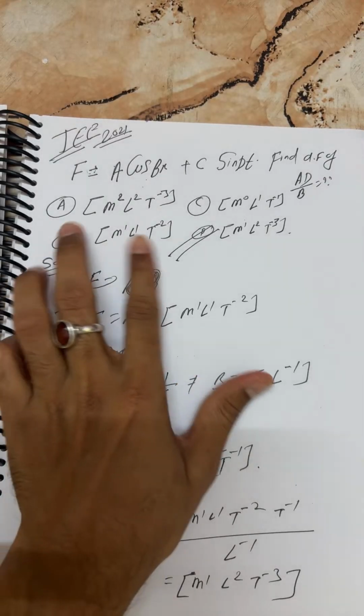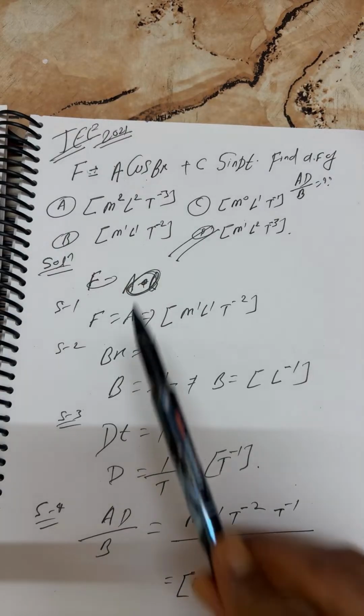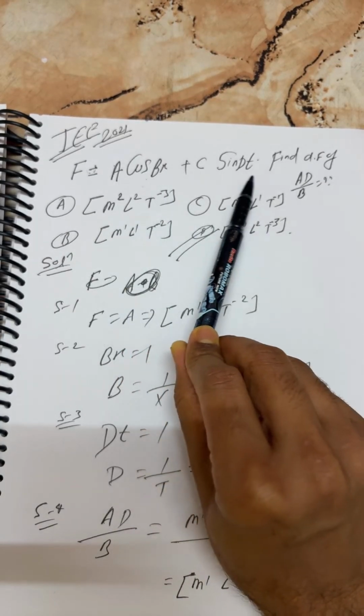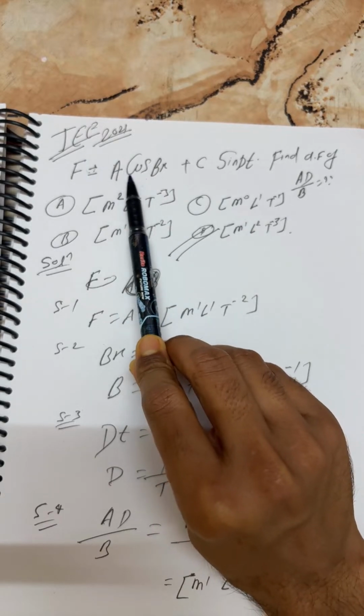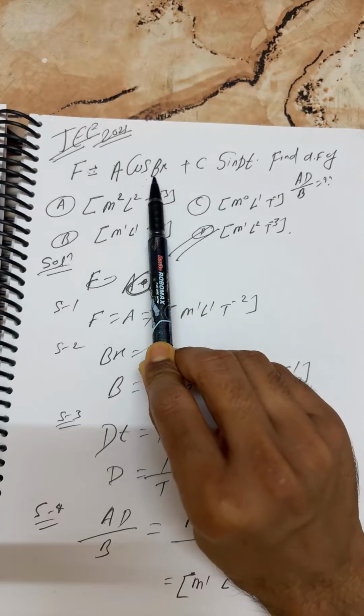Simple, beta. If we have any equation in this format, what is the logic, kids? I taught you yesterday night. This is the summation of this part and this part. Either you equate this part to this, or this part to this.